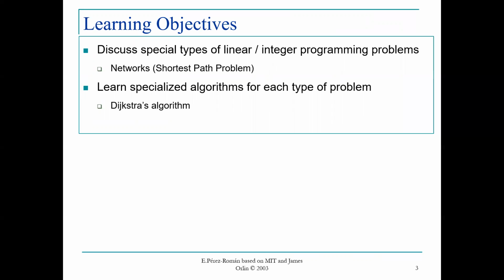And we're going to learn specialized algorithms for this type of problem, how to solve it using an algorithm. Again, we can formulate this problem using linear programming, and we can solve it using the simplex method. But by taking advantage of this network structure, we can design another way to solve the problem, which is faster and also provides you with an optimal solution. So that's what we are going to learn, which is Dijkstra's algorithm.